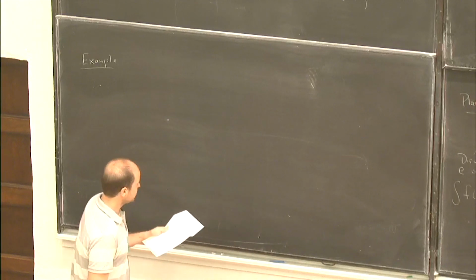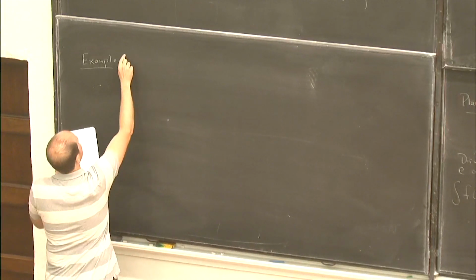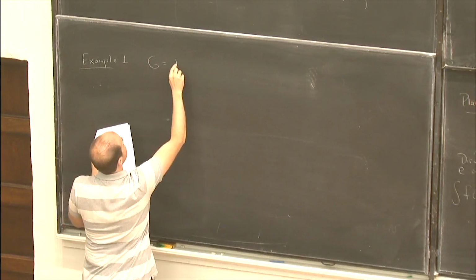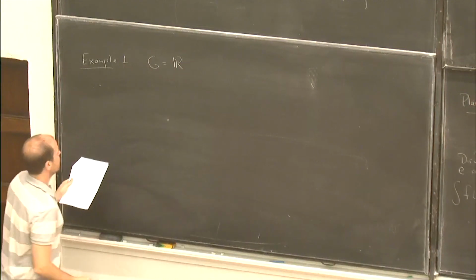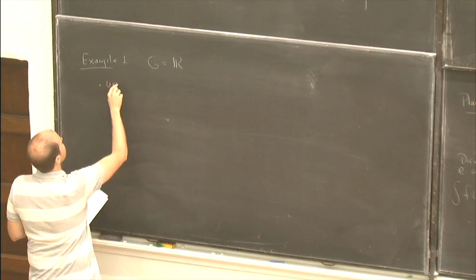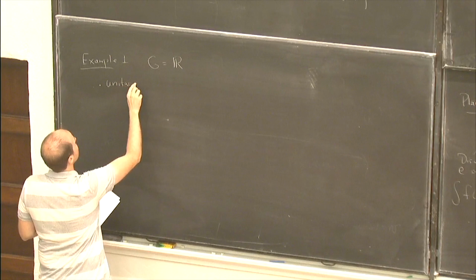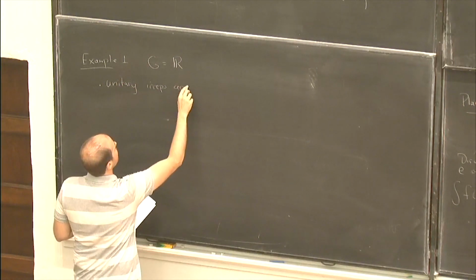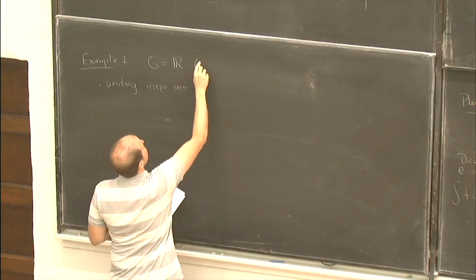Okay, good. So example 1 is just Fourier analysis. That's the case when G is R, the group of translations.